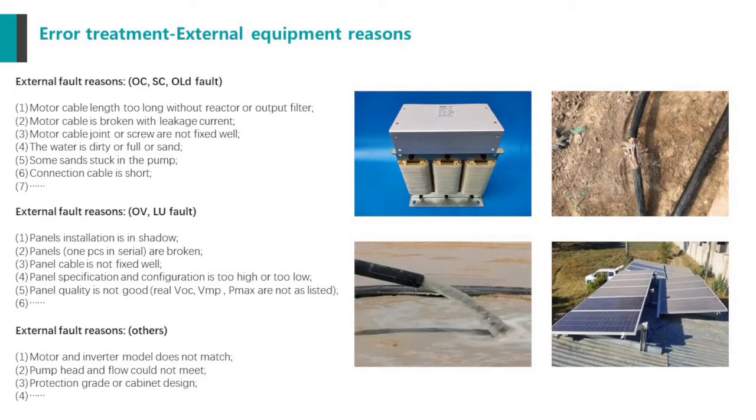If the protection grade or the cabinet design has some problem, like SI21, SI22, or SI23, they are IP20 protection, but they shall be installed in a cabinet, but you install outdoor directly. You will also find the inverter could be damaged easily.